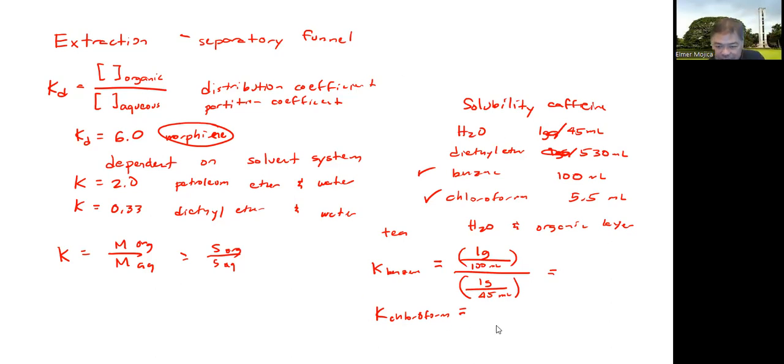And then I do the same thing here. For every 1 gram of caffeine, I only need 5.5 ml of the chloroform. And for every 1 gram, I need 46 ml of water. So what K will I get? Can you do the calculation?